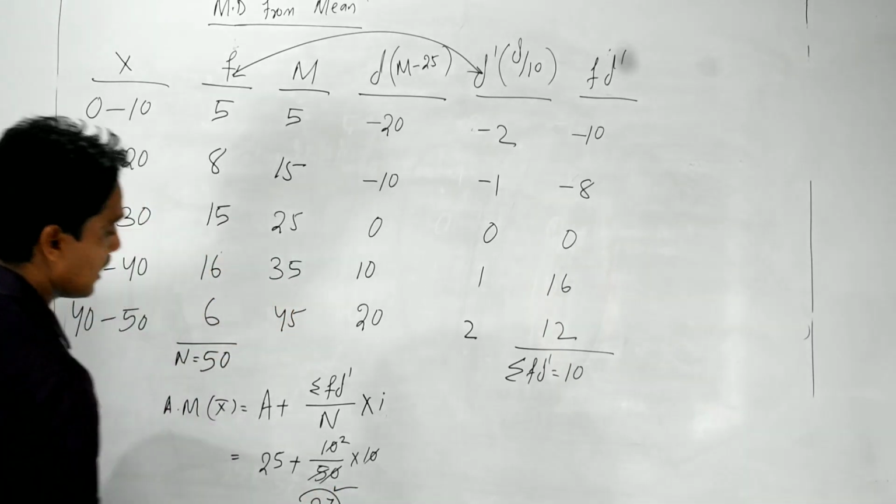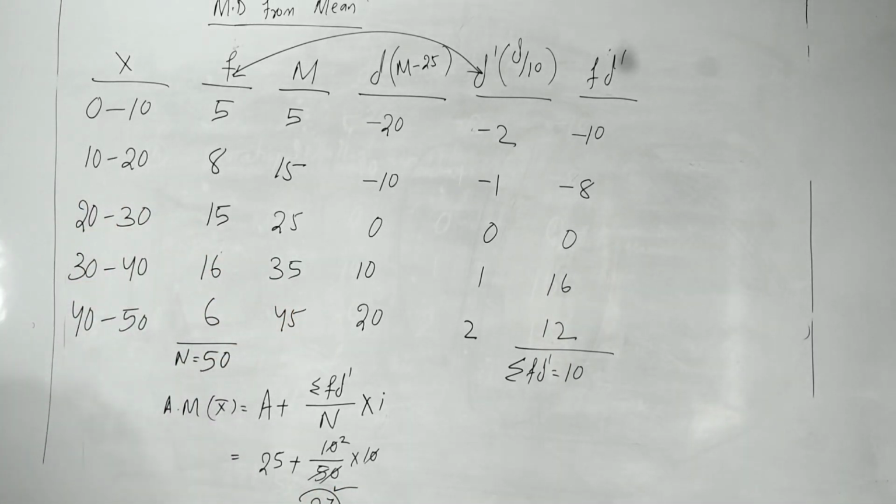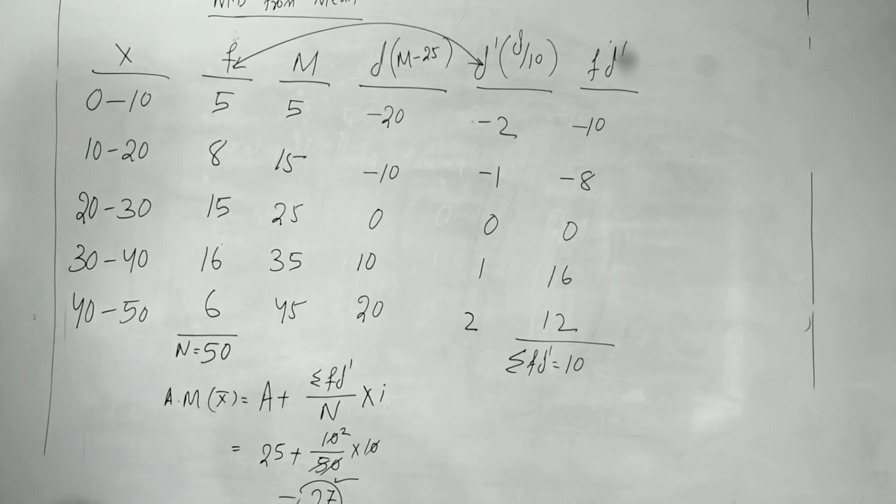So the arithmetic mean of the given series is 27.